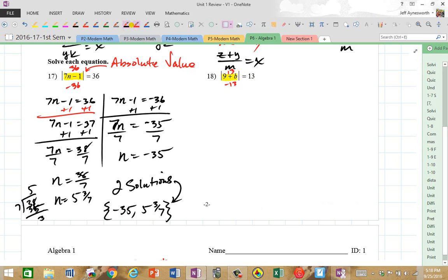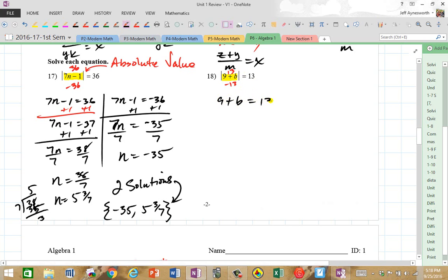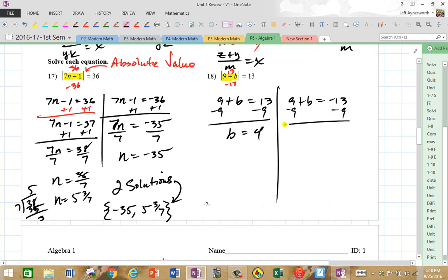So once again, I have to take this quantity in here, whatever it is, and set it equal to the two possibilities, 13 or negative 13. Okay, add the opposite, and I get b is equal to 4. Add the opposite, and I get b is equal to negative 22. So you have two solutions here, 4 and negative 22. There are two solutions.